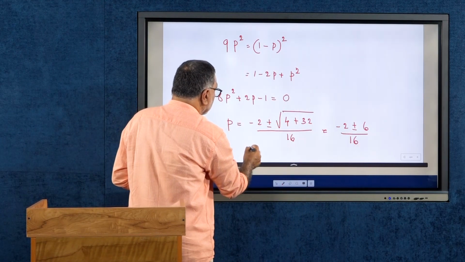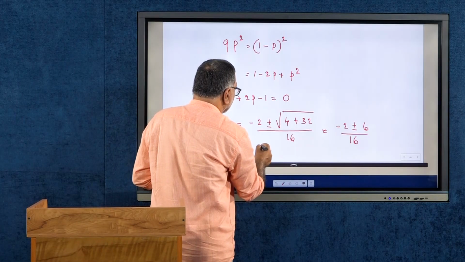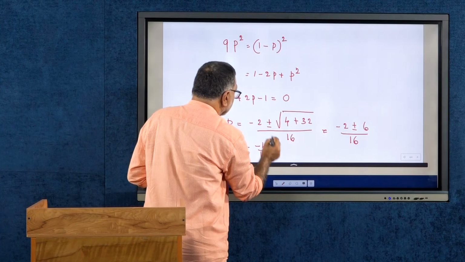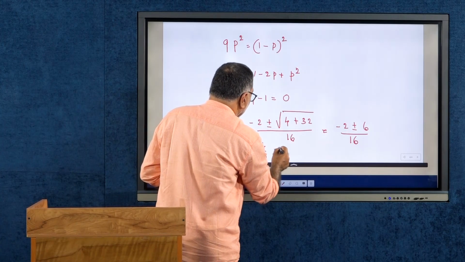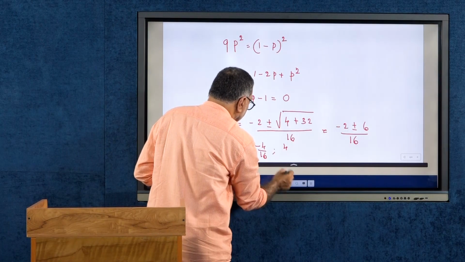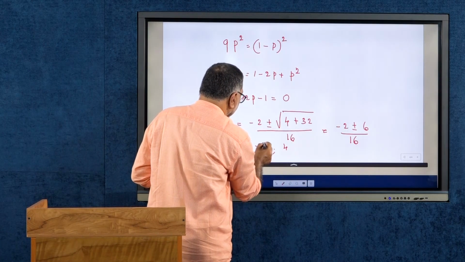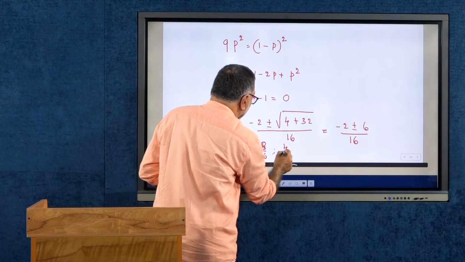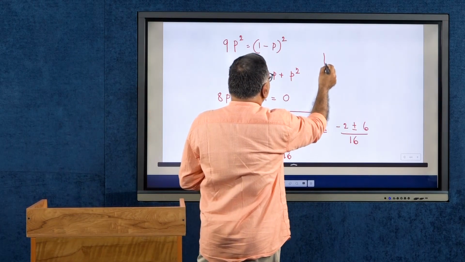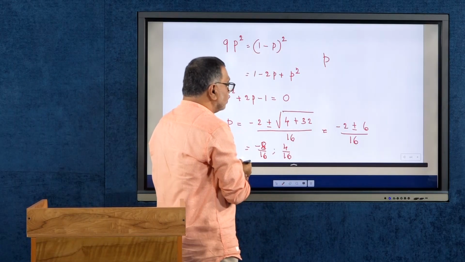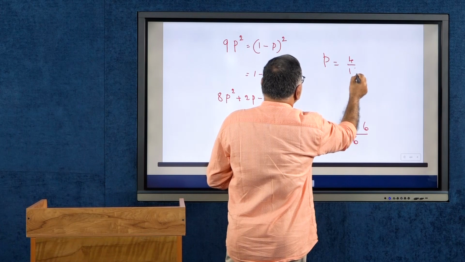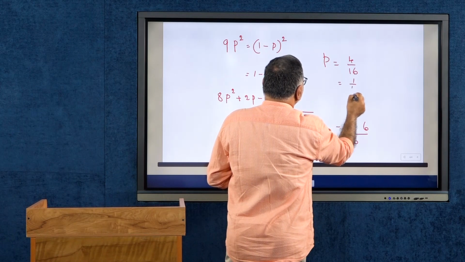That is equal to minus 4 by 16 or 4 by 16. And p is a probability value that never becomes negative. So, the value of p is equal to 4 by 16, or that is 1 by 4.